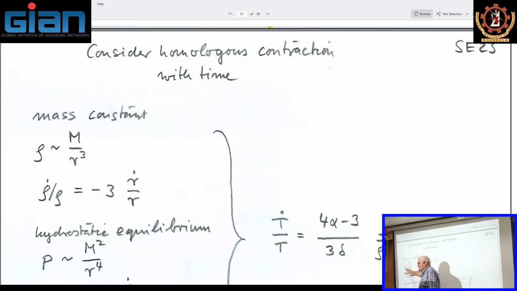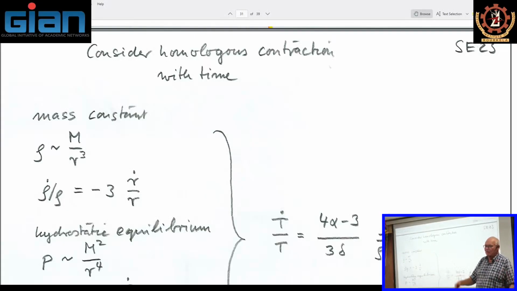Let's illustrate what that means, homologous contraction. Well, we write the density, or take an estimate of the density, in the usual way. Density is mass over volume. The volume is proportional to r cubed for our star. So the density goes with mass over r cubed. If we differentiate this relation with time, and the time which we have in mind is now not the dynamical timescale, not the thermal timescale, it is the timescale of evolution, the timescale of contraction of the star. So the density changes by the change of radius.